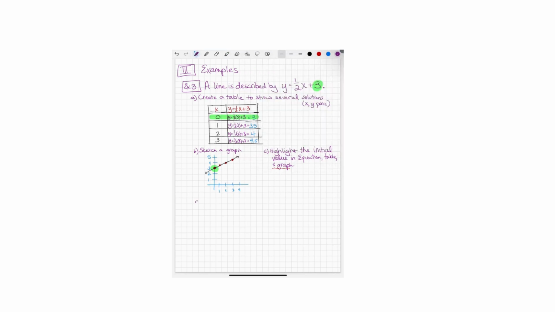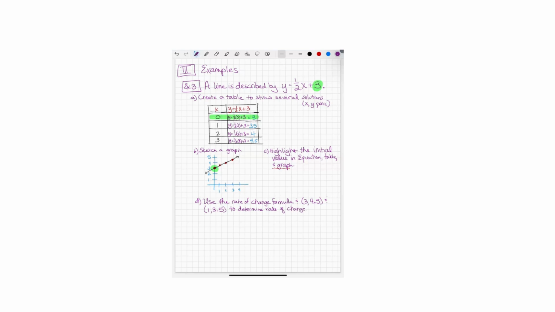Okay, next on my list, I want us to practice using our rate of change formula. We're going to use our rate of change formula, and I'm going to ask you to use the points 3, 4.5 there on my table and 1, 3.5 to determine rate of change.